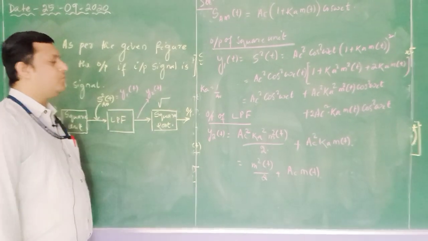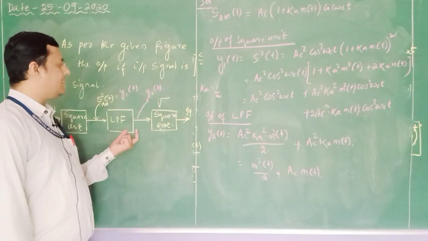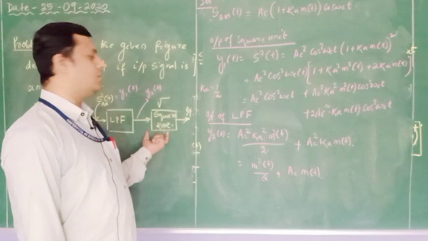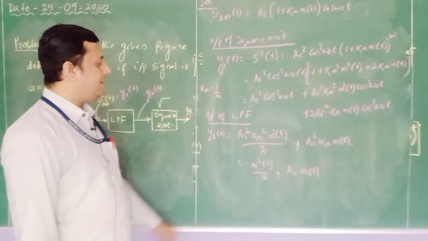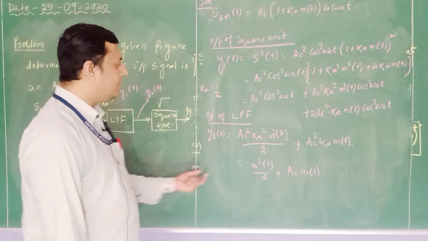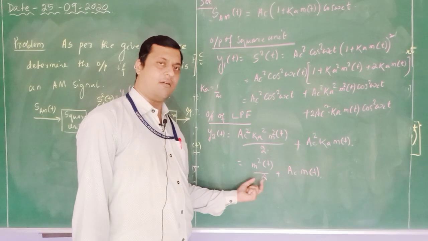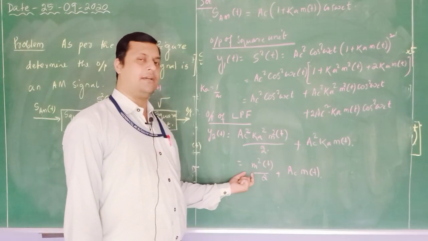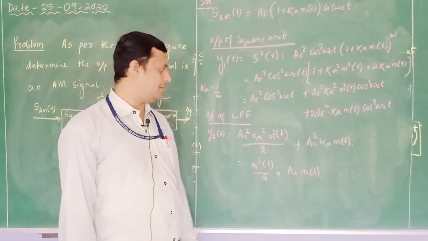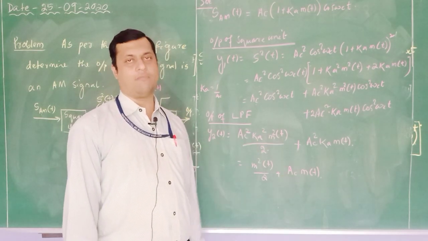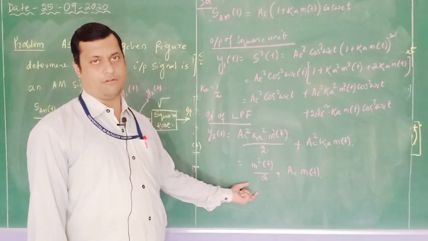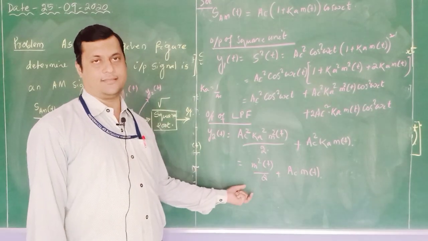Now this is the output of the LPF. This output needs to be passed through a square root. Now in this case, if I expand this component, we can consider Vm cos ωmt, Vm by 2, then a harmonic component is available, and then Ac into m of t. If a harmonic component is available, it will act as a contribution of noise. So we need to suppress this contribution of noise.